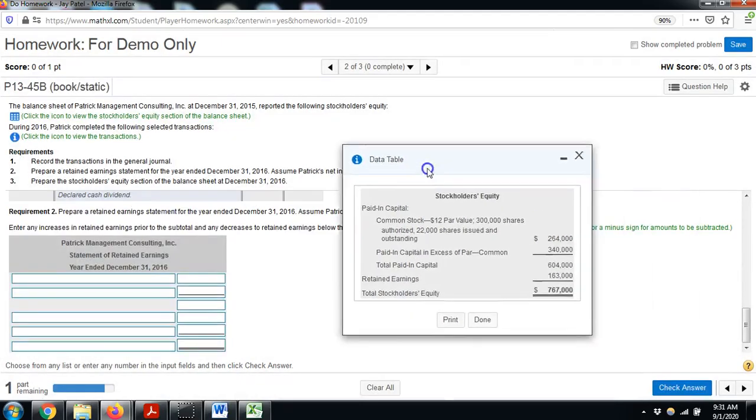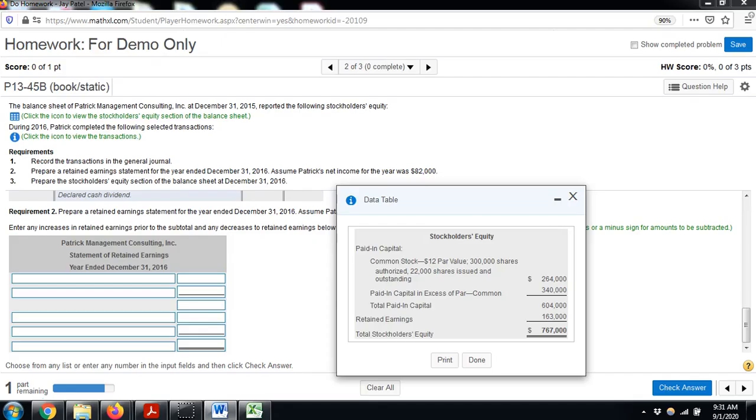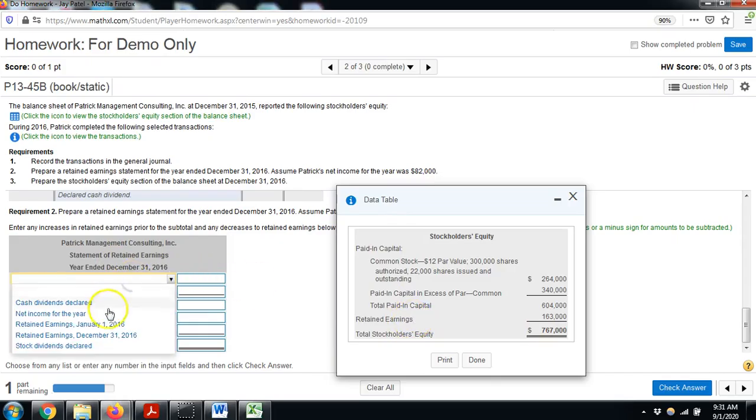Okay, so now we're going to do the statement of retained earnings. So here's our table. And so the retained earnings at the end of 2015 is our starting balance.